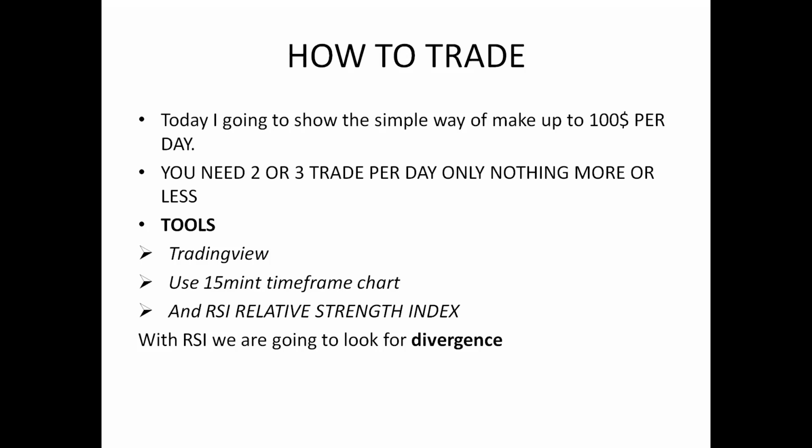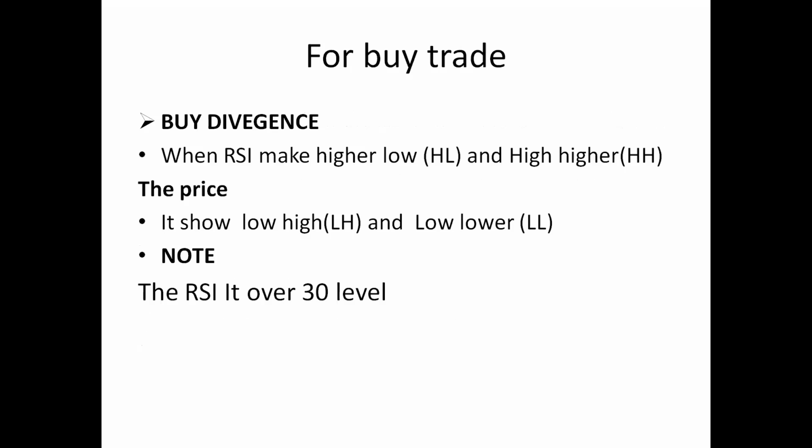On the 15 minutes, you're using the RSI and you are supposed to find only the divergence. We are looking for the buy divergence only when the RSI makes higher lows and higher highs, while the price is showing that we are going down with lower highs and lower lows. And note, RSI is supposed to be over the 30 level.